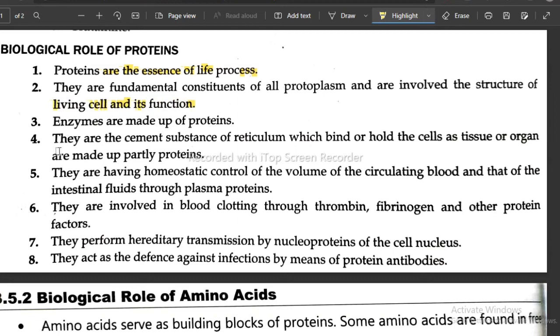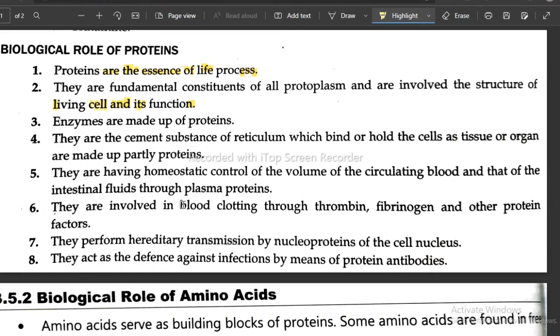जो enzymes हमारी body में they are made up of protein. They are the semifluid substance of reticulum which bind or hold the cell as tissue or organ are made up of partly proteins. Next is they are having homeostatic control of the volume of circulating blood and that of the interstitial fluid through plasma protein.